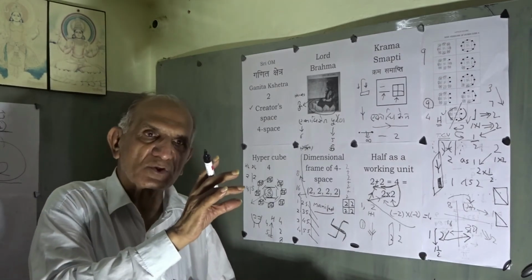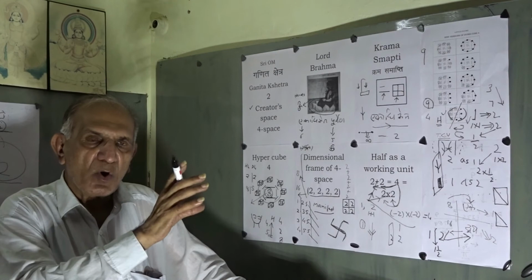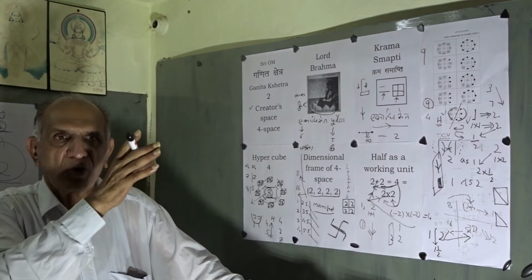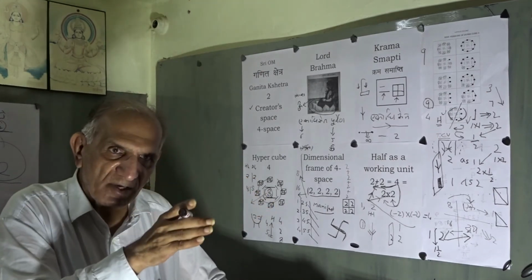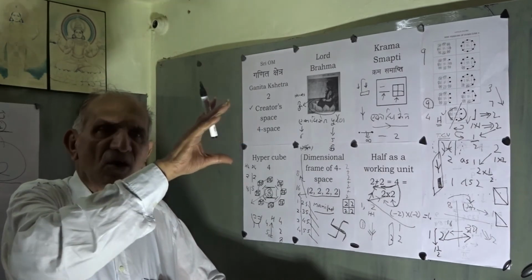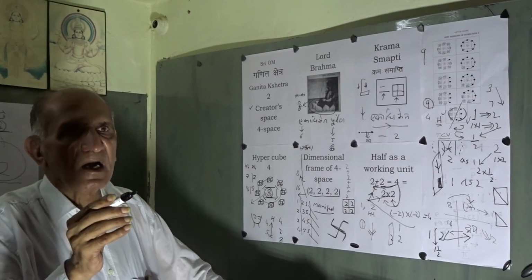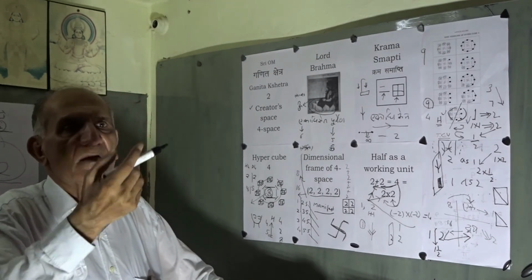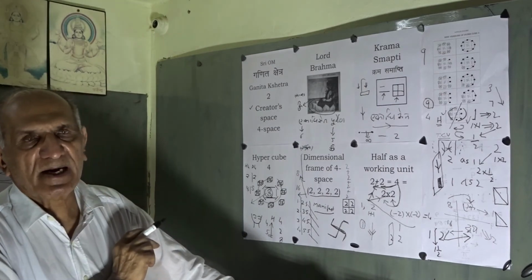By saying 4 space as a reality means having all the quadruple geometric dimensions. So all the 4 geometric dimensions, like all the 3 geometric dimensions of 3 space, are yet not coming within the comprehension or acceptance of modern mathematics.